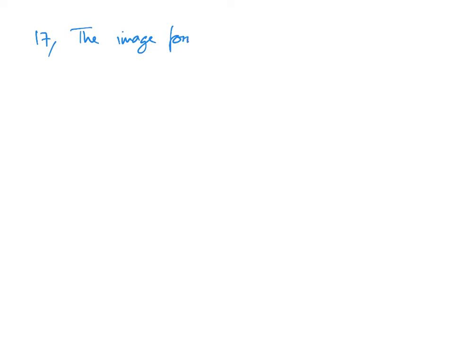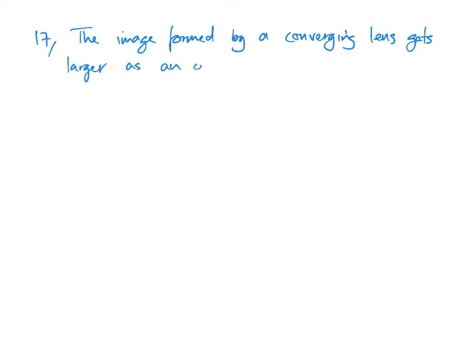So the image formed by a converging lens gets larger as an object gets closer to the lens.